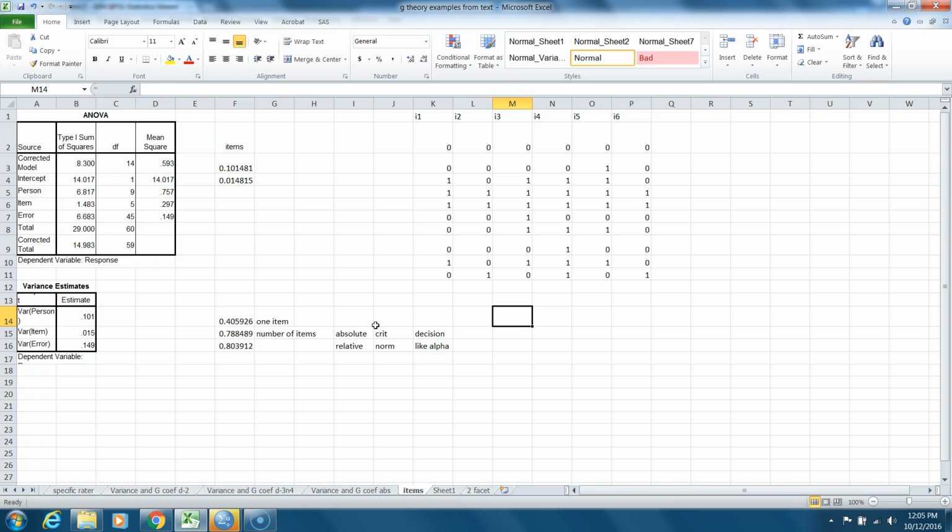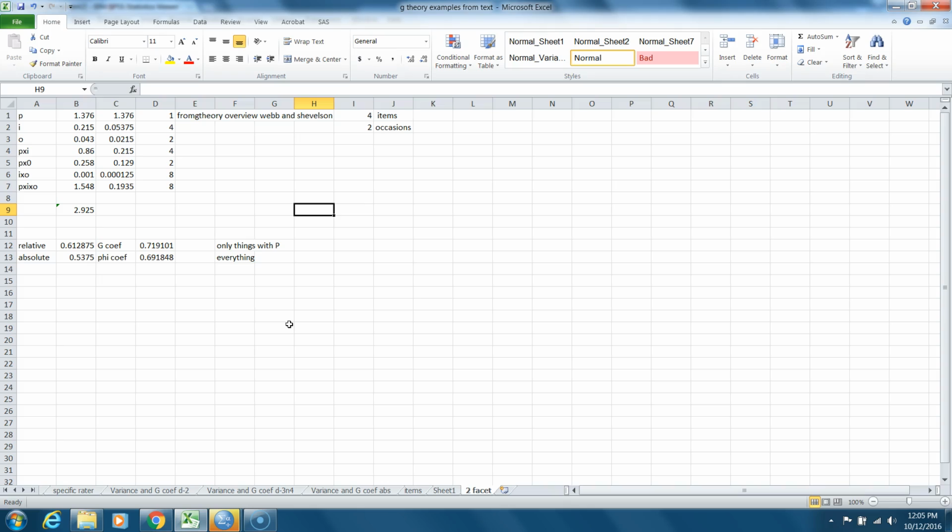and I used these variance estimates to calculate both absolute and relative coefficients for this set of items. In class, the other thing that we did is we went through the Webb and Shavelson example. That short 2-page paper that I handed out to you is a great example to help you understand differences between G and D studies and some of the elements about universe scores, etc. And here I've just gone through and done the calculations for us.